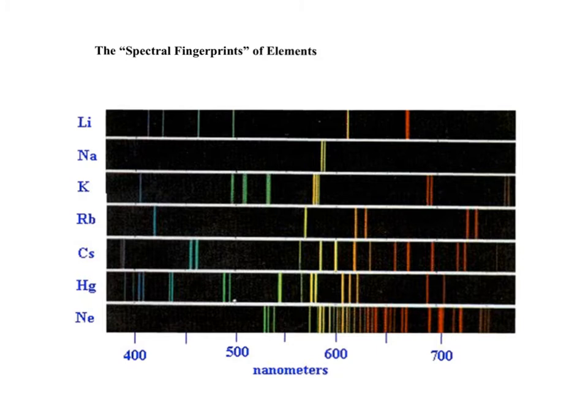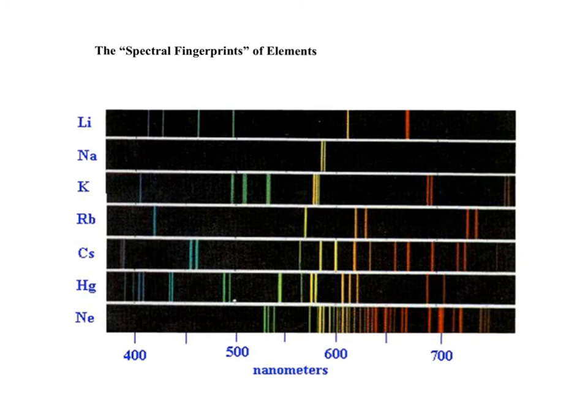And so these spectral fingerprints enable us to identify what the source of the electromagnetic radiation is that gives off EMR, say for instance in a star. So this is a very, very useful means to identify elements in astronomical objects, because every element's atoms, when excited, have unique spectral fingerprints.